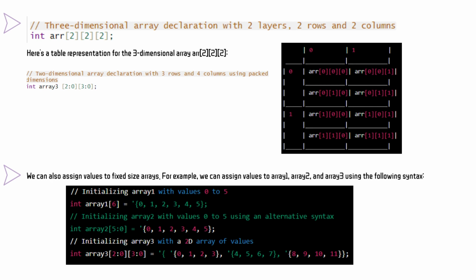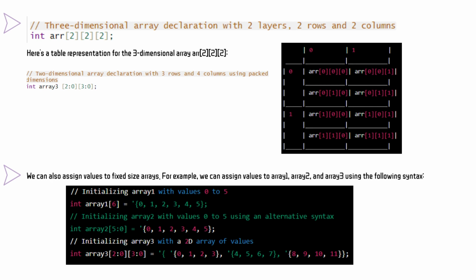We can also assign values to fixed size arrays. For example, we can assign values to array1, array2, and array3 using the following syntax. This code is an example of initializing fixed size arrays in SystemVerilog. The first array, array1, is a single-dimensional array with a size of 6 elements.